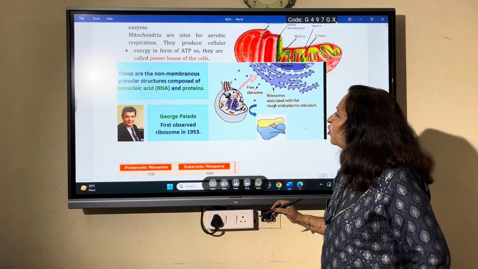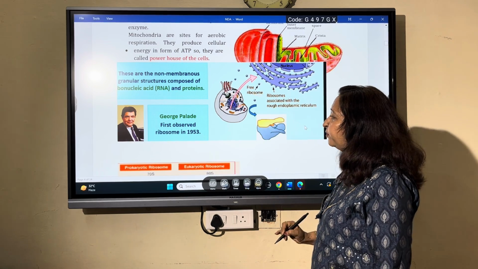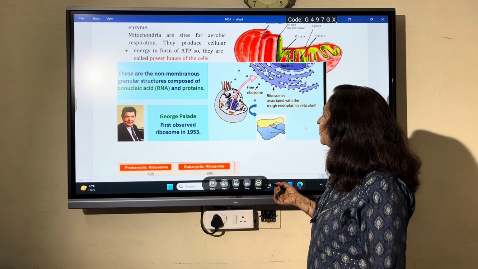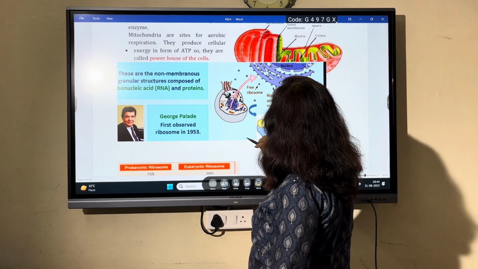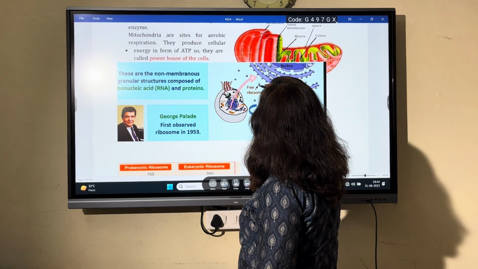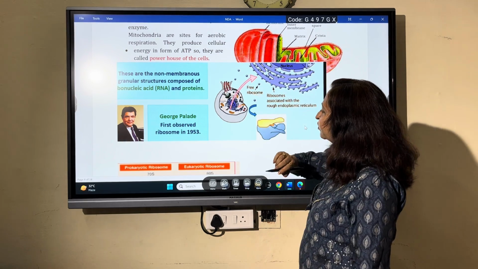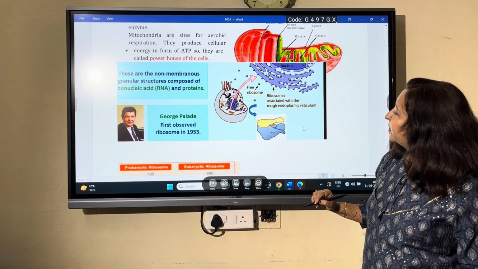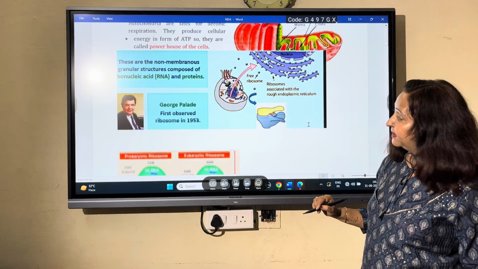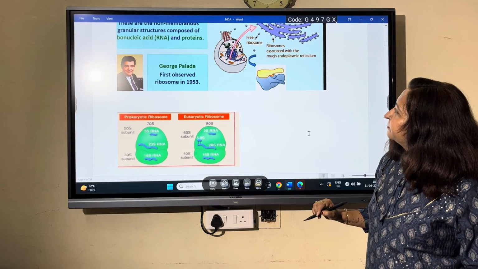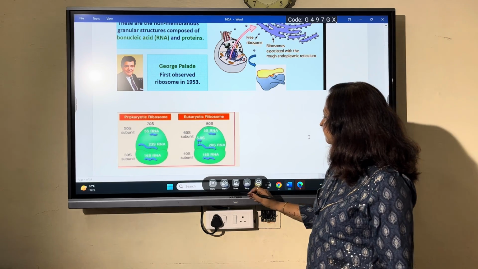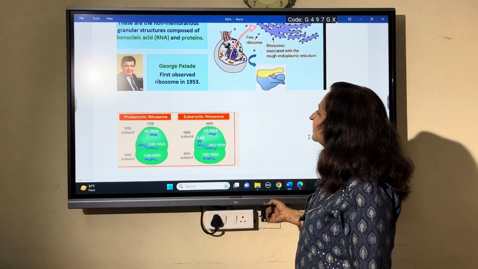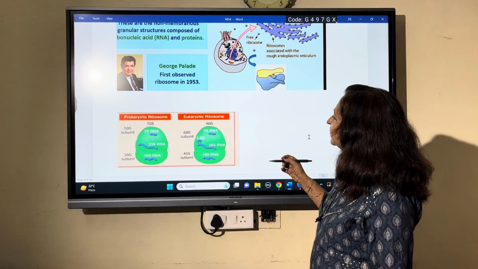Now next is George Palade. He observed ribosome in the year 1953. What is the function of ribosome? This is the structure you can see. These round structures are ribosomes. Ribosomes are known as the protein factories of the cells.